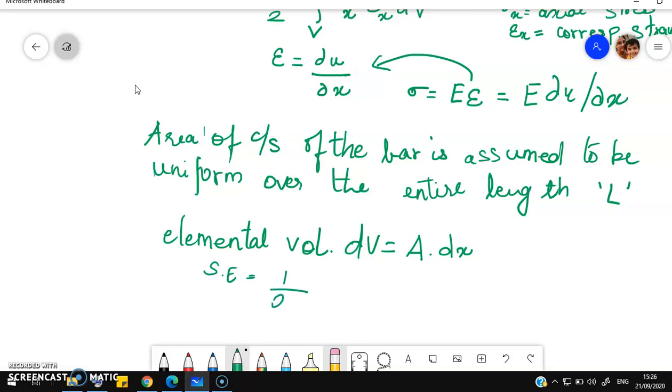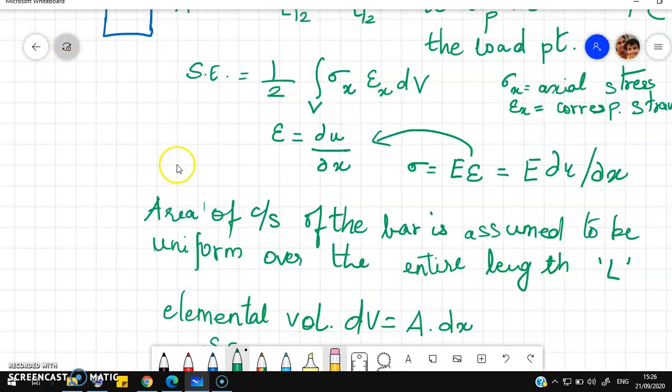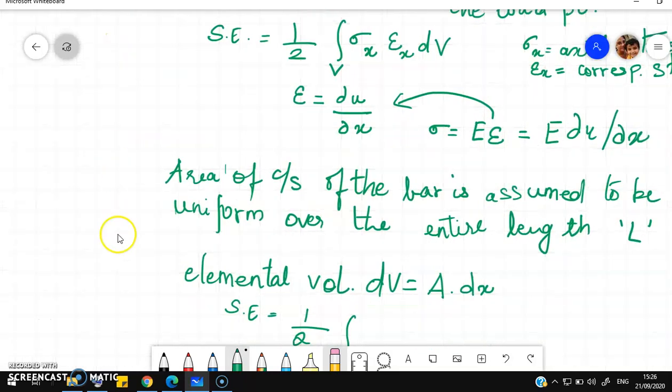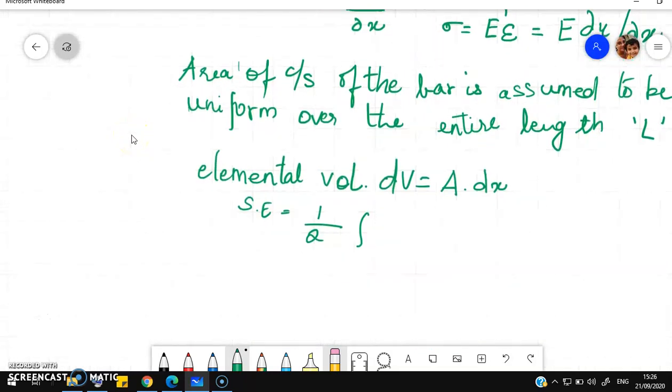Substituting this, in the strain energy we get half. Now dV we are replacing by A into dx, so the integration also has to be in terms of x. Here we have at the start point x equals 0 and at the end point we have x equals L. That tells us about the length of the bar element.